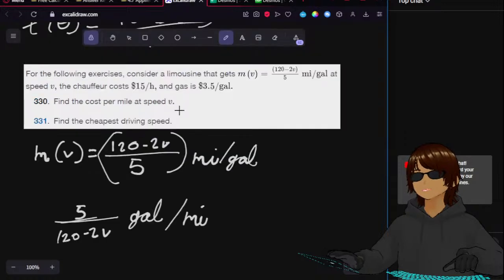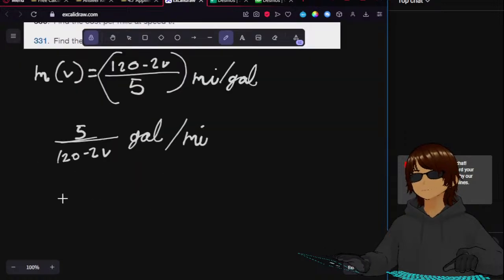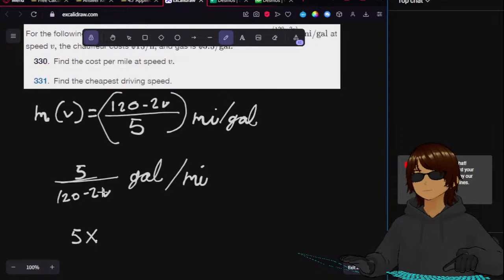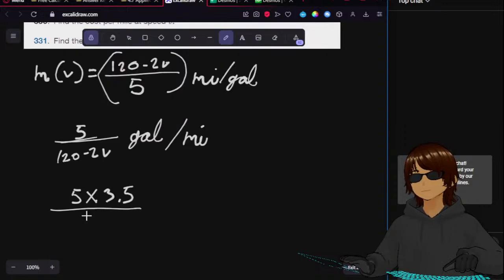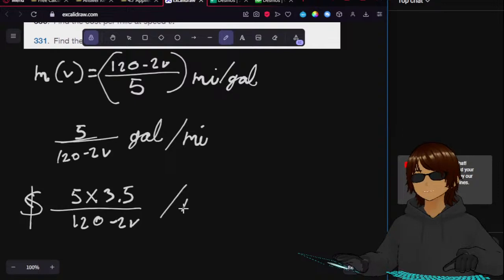So the total gas cost would be 5 times 3.5 for each gallon, right? These many dollars per mile.